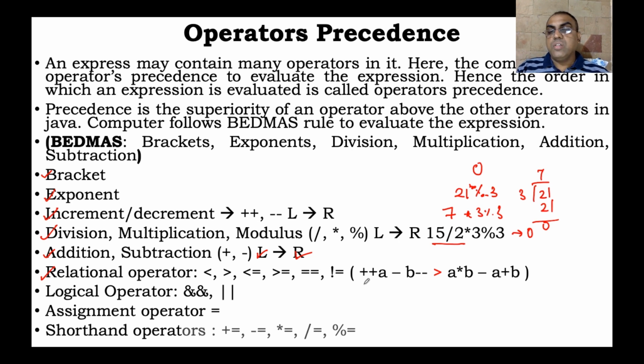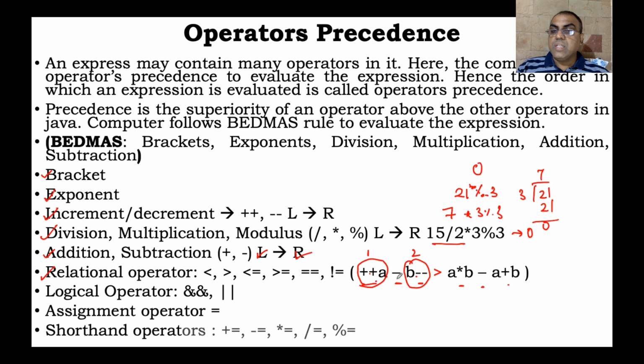So assuming here is your expression, the computer will do, if you see, there is plus plus, there is minus, there is b minus minus, there is asterisk, there is minus, and there is plus. So which one will get executed first? The computer will execute the first one first. So this is number 1, this is number 2. First the computer will find this answer, then it will find this answer.